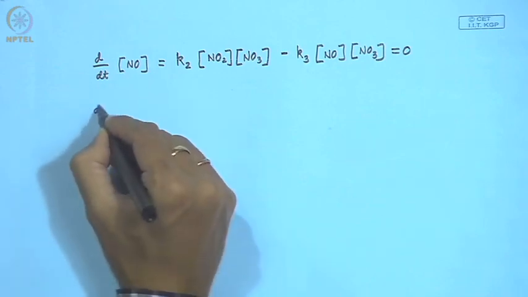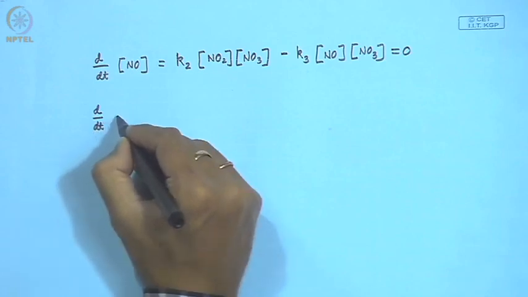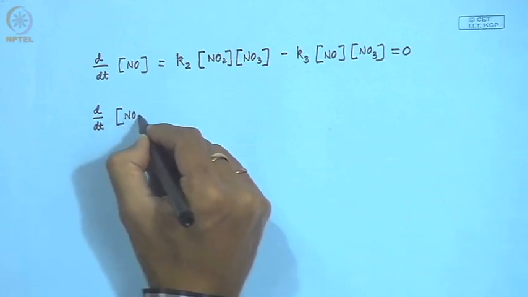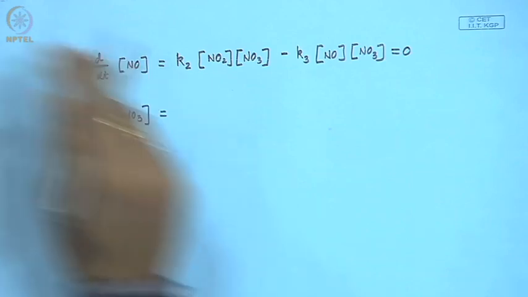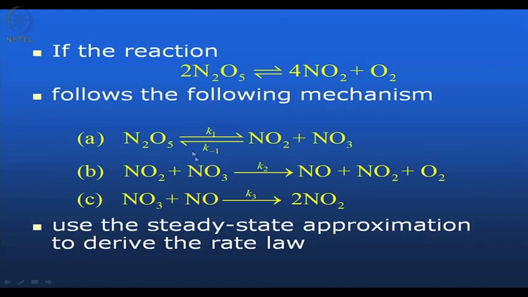In the same way, d/dt of NO3. Let us go back again to NO3. This NO3 is produced with a forward rate of K1 and it is used up to get N2O5 back with K minus 1.